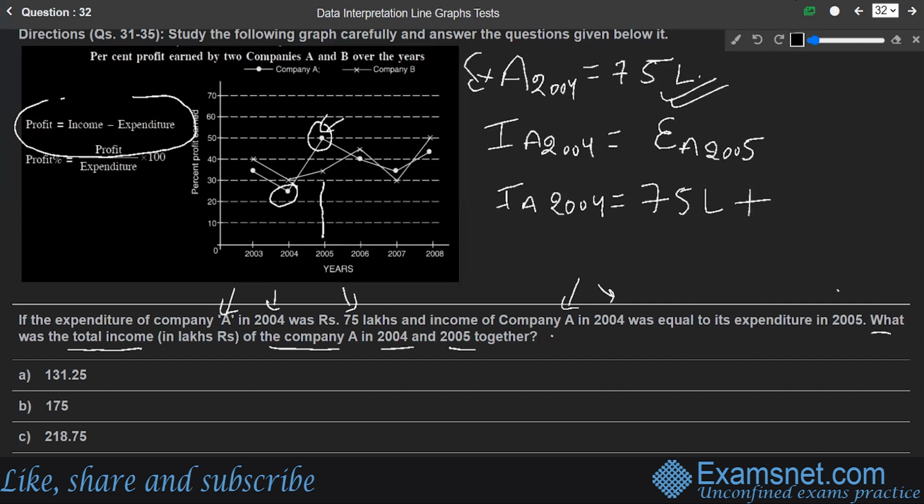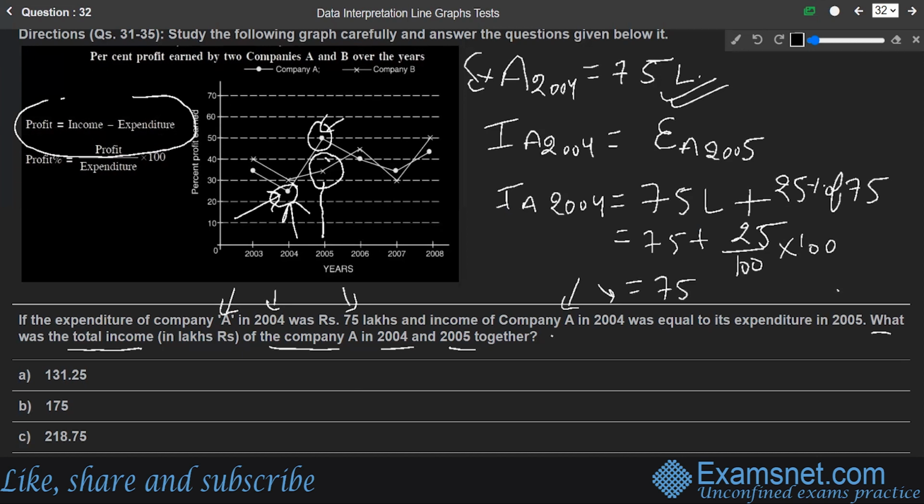The profit percent in 2004 is 25%, so we add 25% of 75 to get the income of A in 2004. So it becomes 75 plus 25% of 75.